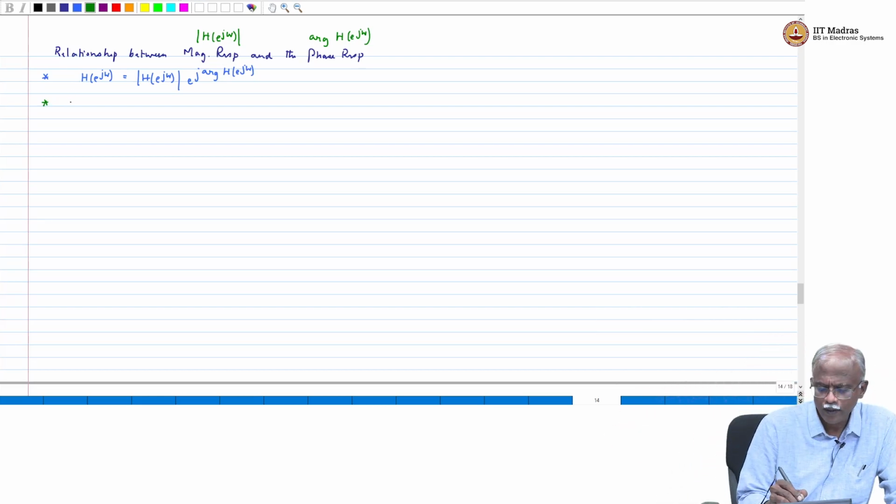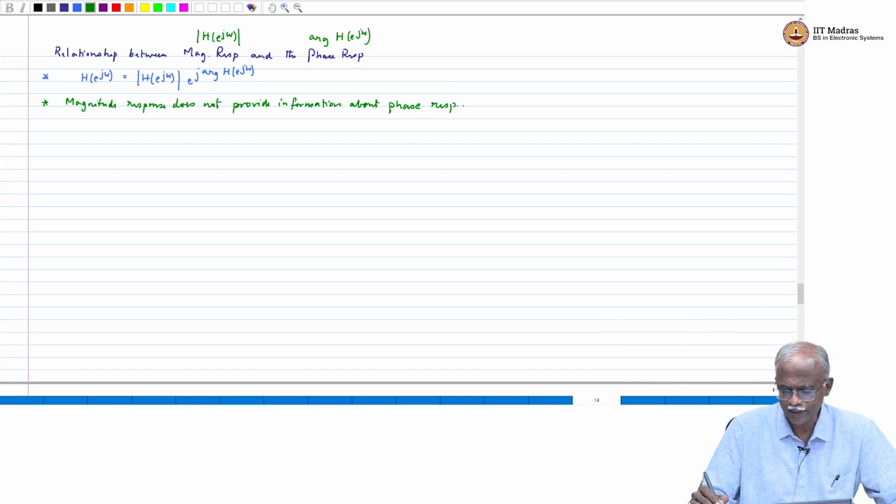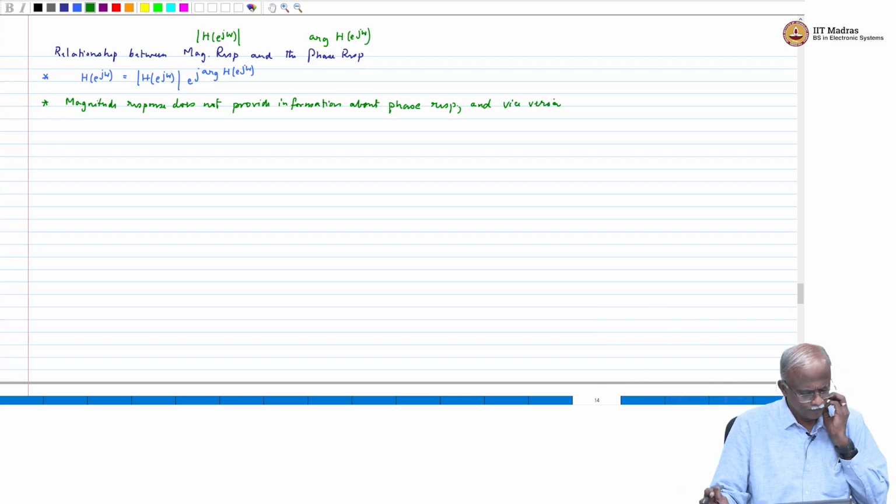The magnitude response does not provide information about the phase response and vice versa. In general, the phase response also does not give information about the magnitude response.